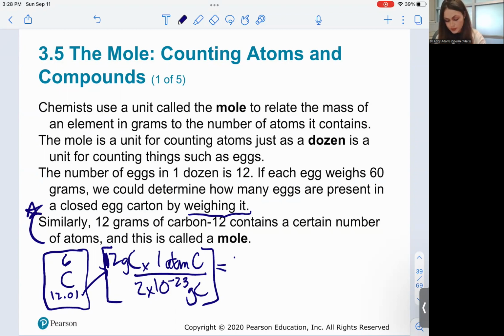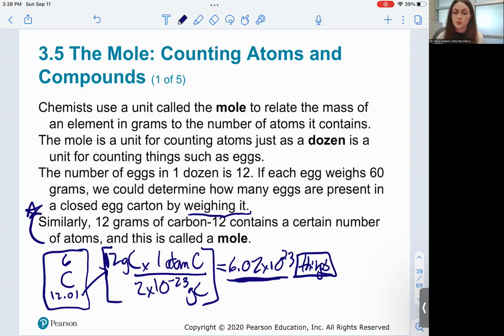The number that we get from this equation is going to be 6.02 times 10 to the 23rd things. The reason I say things is that this is an important number that we're going to use to account for a lot in this lesson.